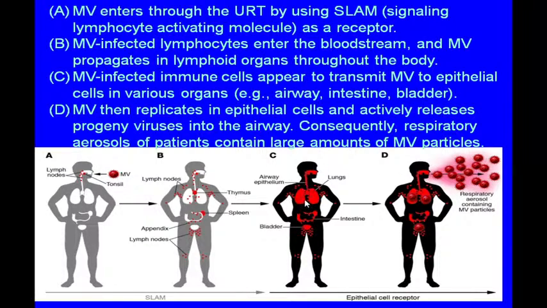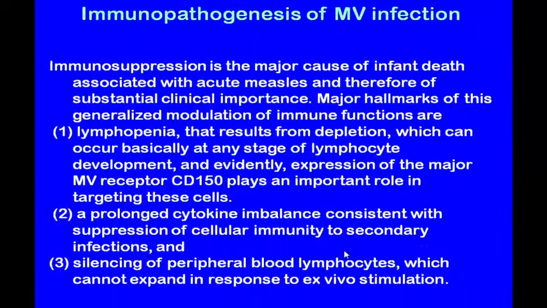And then finally, when it replicates in the epithelial cells, it will be released with the coughing and sneezing from the airways to the susceptible individuals. You can see that the respiratory aerosol from the case contains a large amount of the measles virus particles. From this moment, and usually it takes around 7 to 14 days, the person starts to be highly contagious.